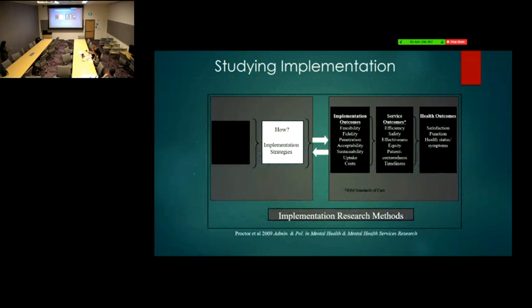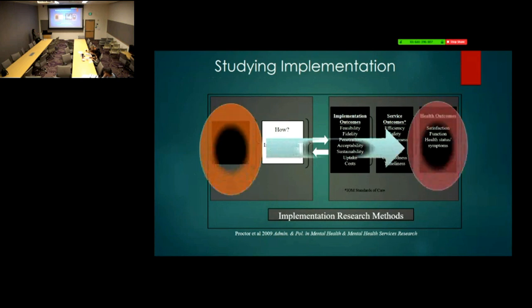Now, I apologize. I don't know why I couldn't get this to work. But right here is the things you're doing for your intervention. I don't know why it didn't show up there. But these are the intervention. And then here's your outcomes that you're trying to get to. You're trying to improve health status, symptoms, function, satisfaction. So the typical study that is more of an efficacy study just does that.